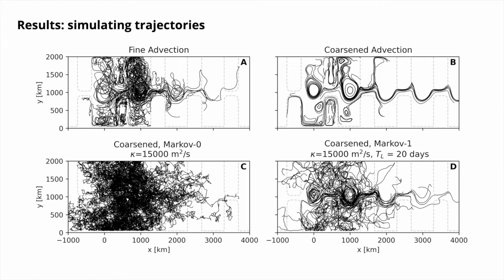So we added both the Markov 0 model and the Markov 1 model on top of this. In C, you see the Markov 0 model, which is what we showed earlier, and then in D, you see Markov 1. And if we compare both to what we see in the fine advection case, it's clear that the trajectories using the Markov 1 model are a lot more realistic.